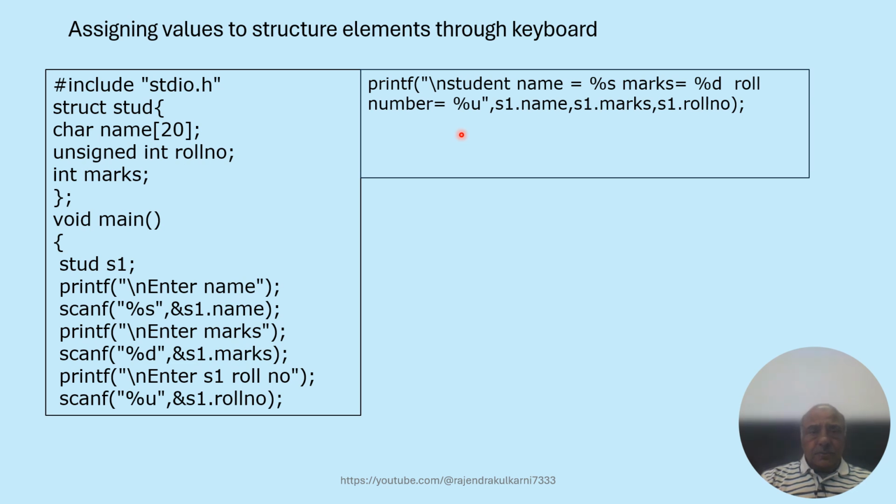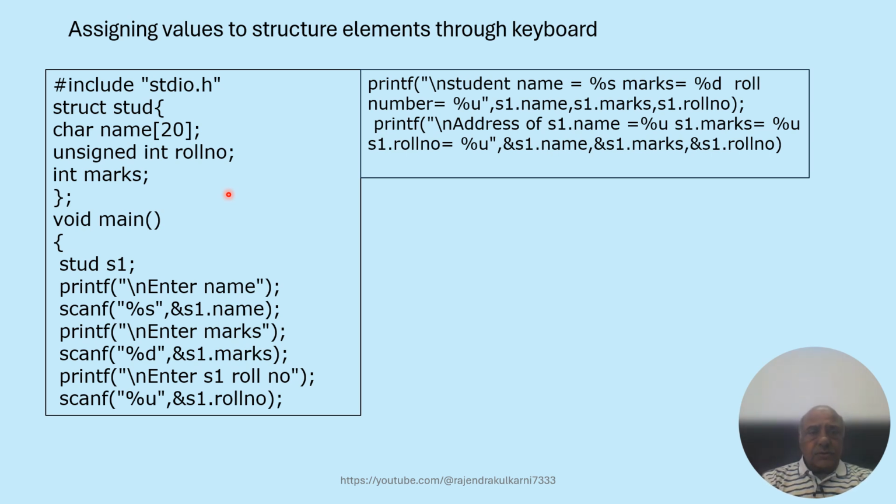And how is it displaying? s1 dot name will display whatever values were entered by the user in the string name, s1 dot marks and s1 dot roll no. So this is how we are assigning values to individual structure variables, and accessing the assigned values of the structure variable s1.